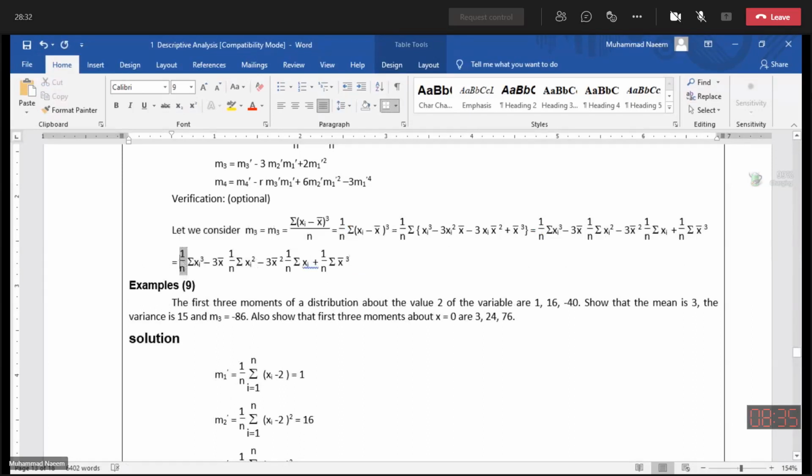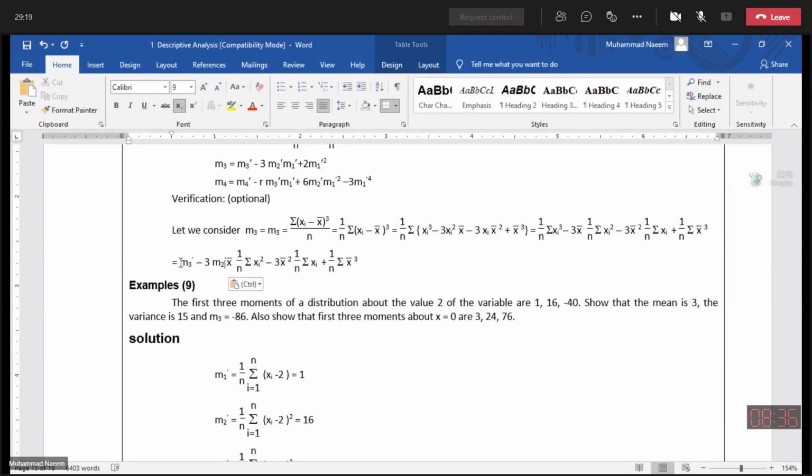This first term will be replaced with M3 bar. Look at here, we also know that x bar is our first moment about origin.